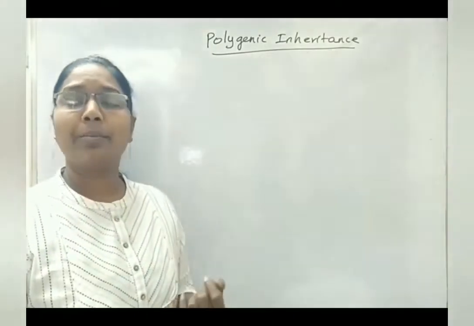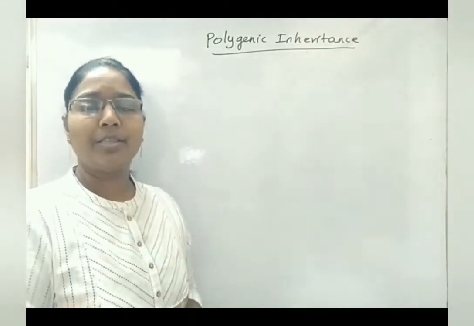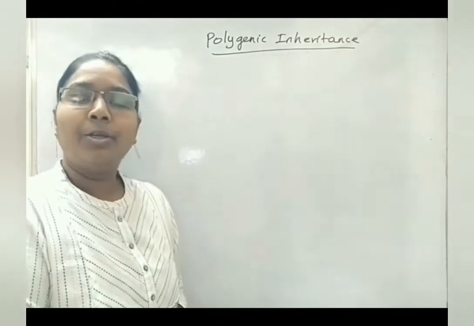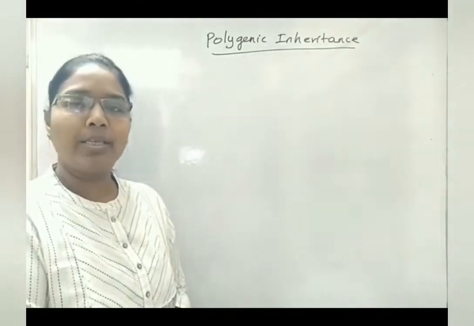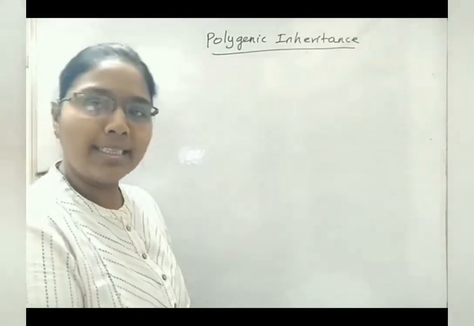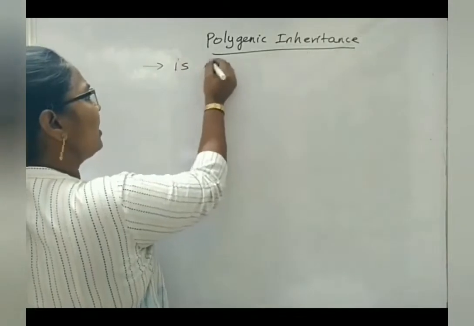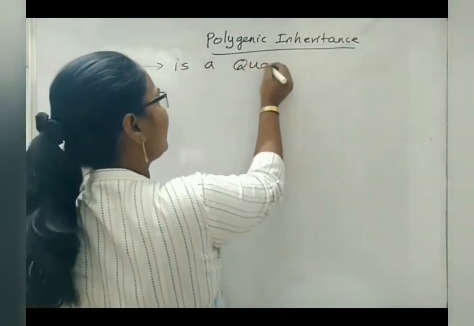But here, based on the presence of dominant genes or allele pairs, the characteristic feature of human skin color will be different. So the best example for explaining polygenic inheritance is human skin color. Polygenic inheritance is a quantitative inheritance.